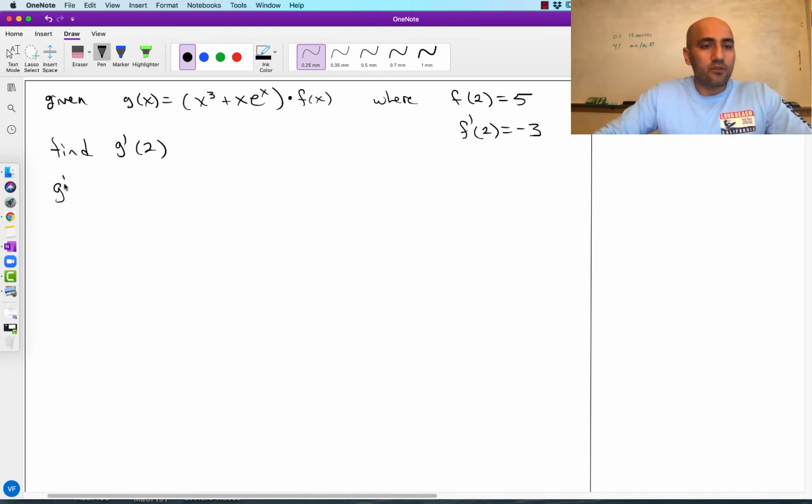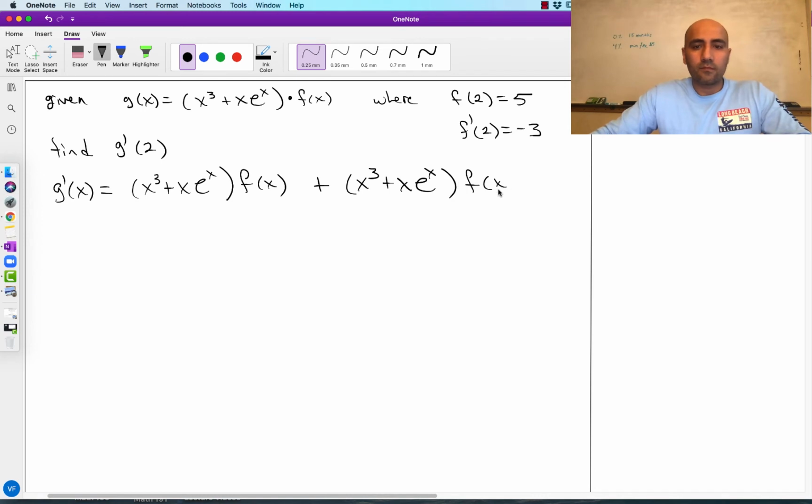So the g prime of x, following our product rule, it's going to be the following. Okay, so I just copied it twice because there's 2 terms, and now I got to take turns taking derivatives, so it's going to be the derivative of the first one, leave the first one alone, and now derivative of the second one. Good. All right, so now let's simplify it.